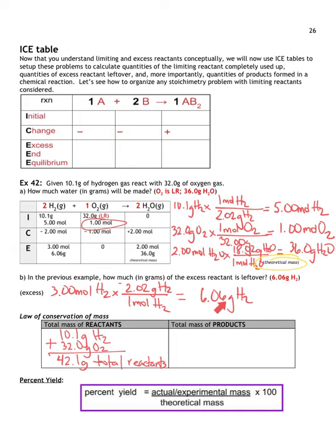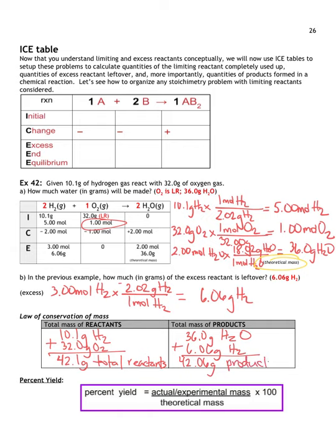But I also have 6.06 grams of hydrogen that didn't react, that's in excess. So I have 36 grams of water vapor. I also have 6.06 grams of hydrogen that is in excess. I add up those values and I get 42.06 grams of my products.